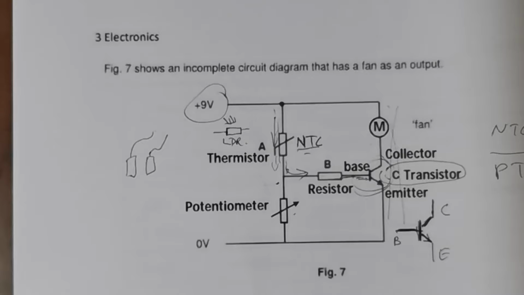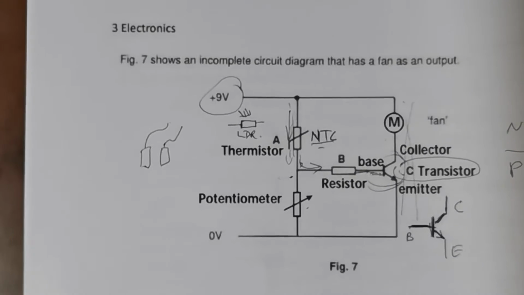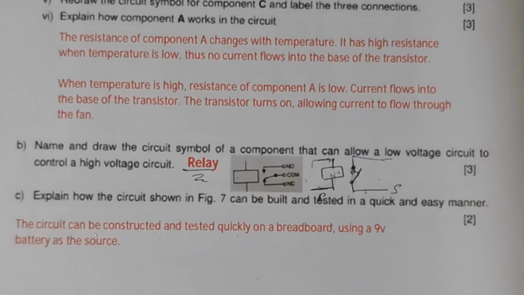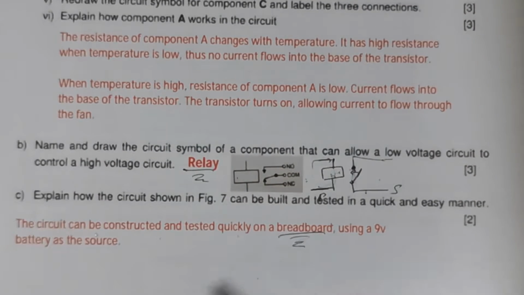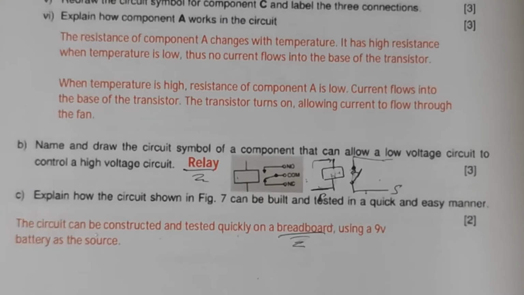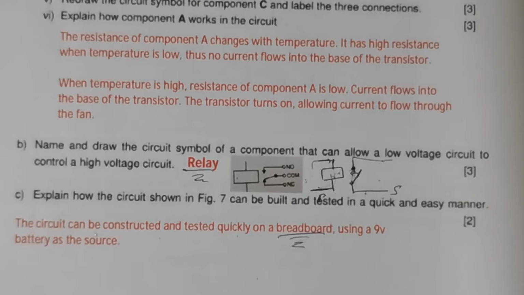All the other connections, you connect them on the breadboard. If you do not know what a breadboard is, it is in your revision guide. Turn to the chapter that tells you a lot about electronics, then you will find out what a breadboard is.